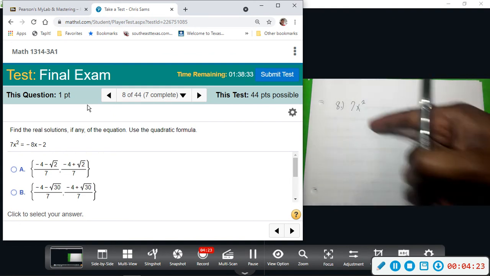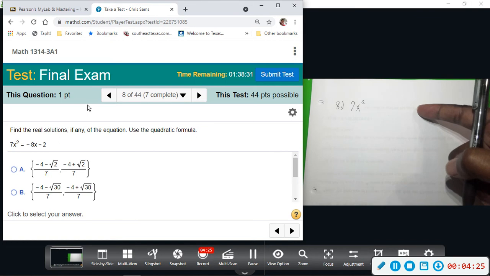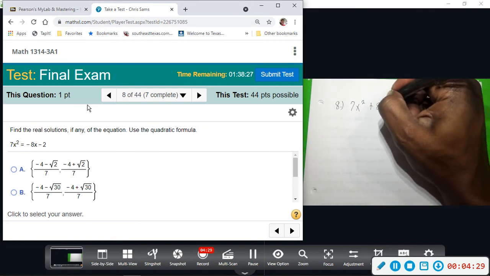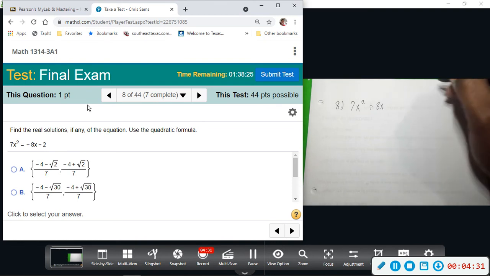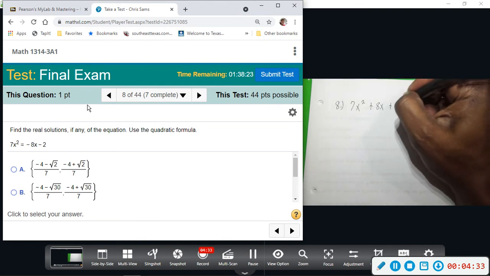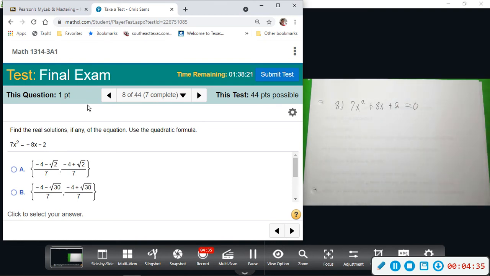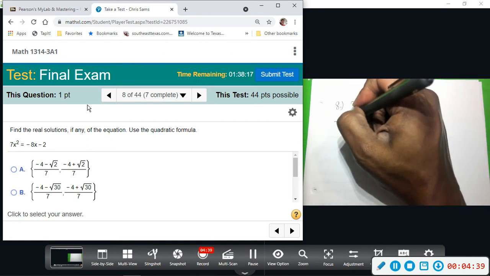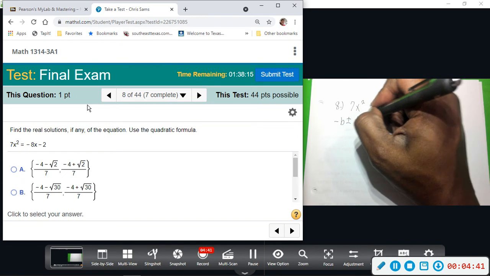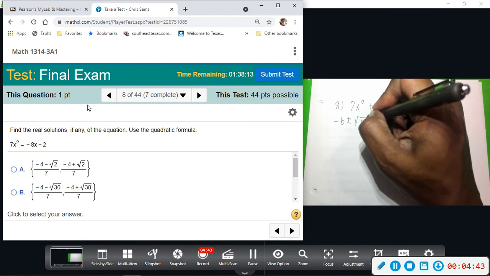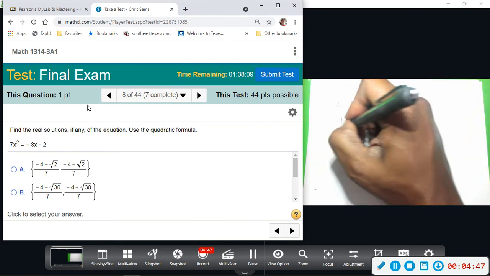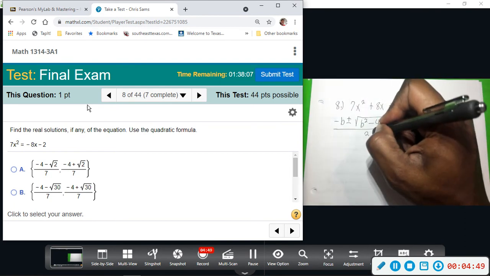I'm going to go ahead and move those other terms over. So it's minus 8 on the right side. When I add it, it'll be plus 8x. And then minus 2 when I move it over, it'll be plus 2 equals 0. I'm going to do quadratic formula. Negative b plus or minus the square root of b squared minus 4ac all divided by 2a.